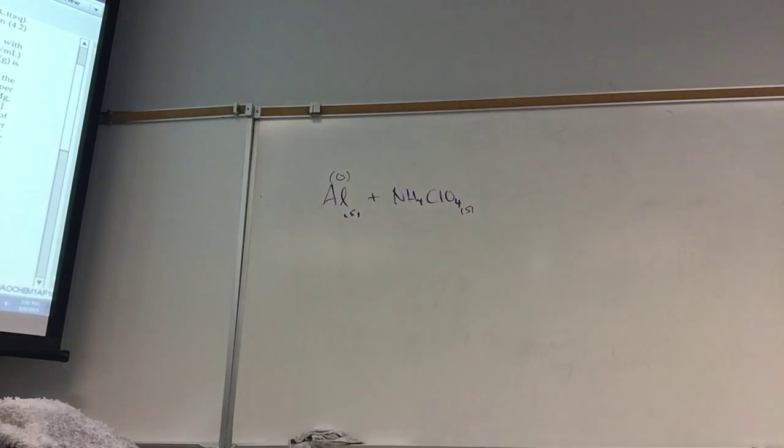But here's where you have to have some factual knowledge in addition to the numbers. And the factual knowledge is metals. What would you say in general about metals and electrons? Are the electrons tightly held or loosely held in metals? Loosely held.